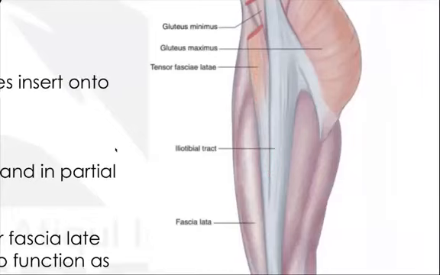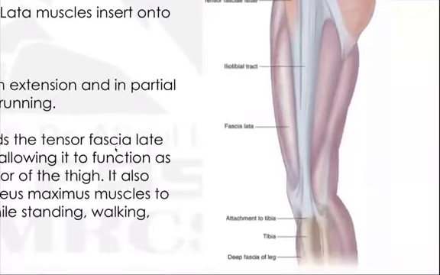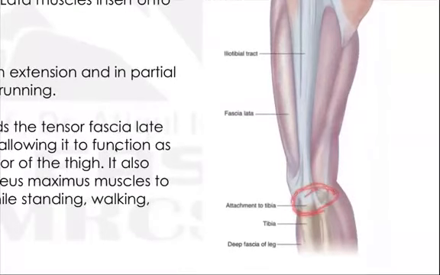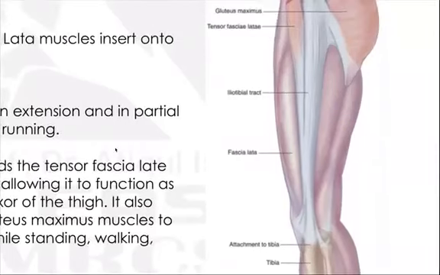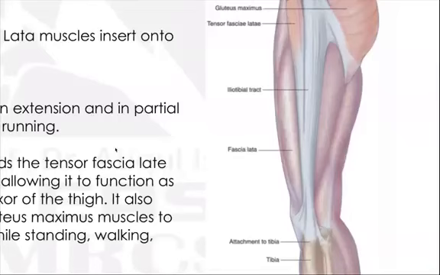What is the clinical significance of the iliotibial tract as a whole? Normally, it stabilizes the knee joint. That's the first thing. It stabilizes the knee joint when the knee is in extension. Also it helps during walking and running. Functionally, the tensor fascia lata is stretched and pulled into the lower thigh and also the leg.